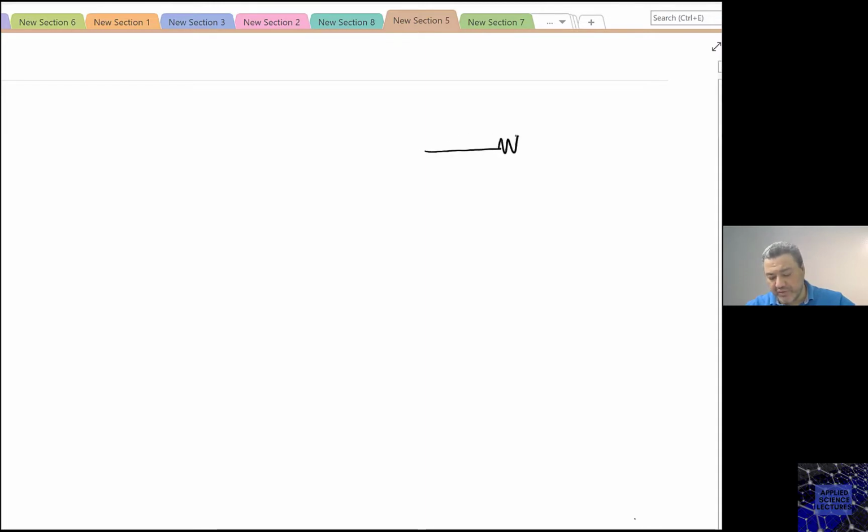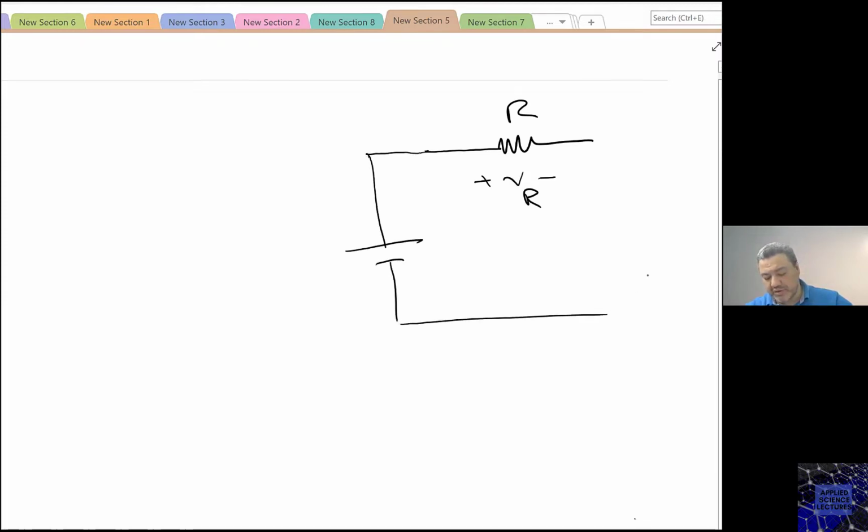So I have here R, with plus and minus VR. So the switch was at A, switch S1 was already closed and was closed for a long time.